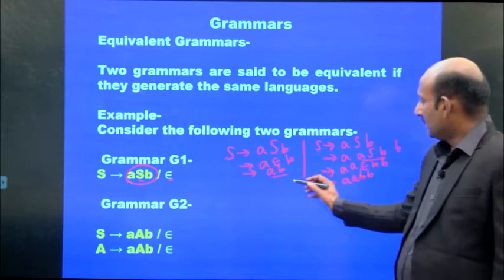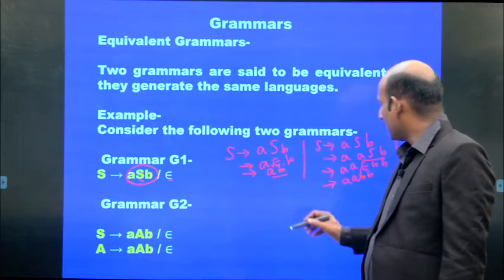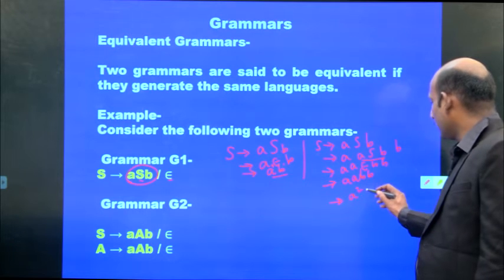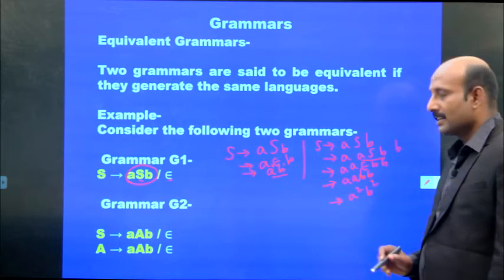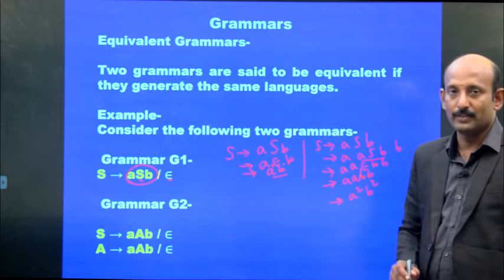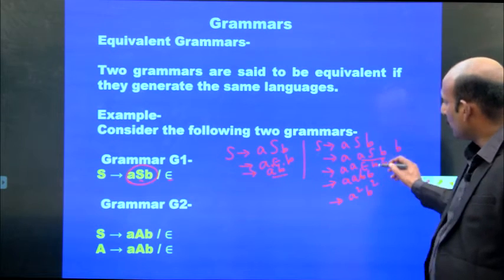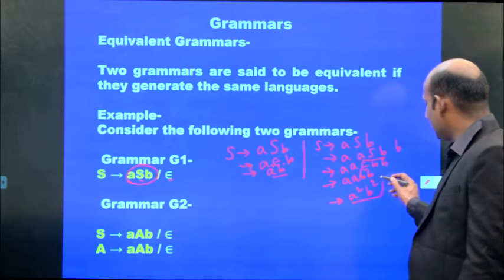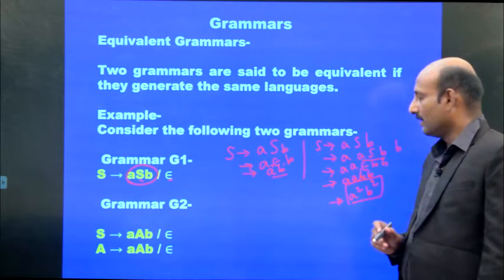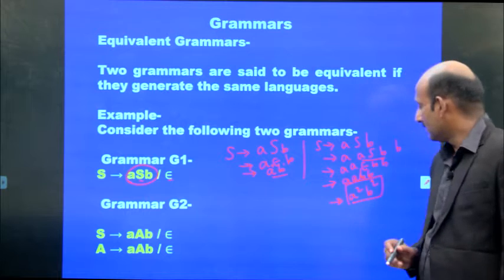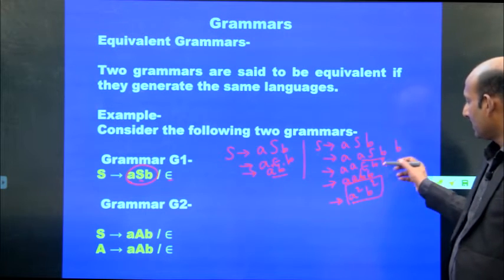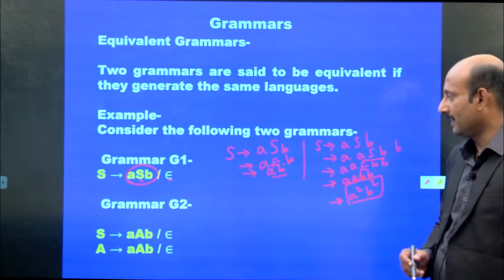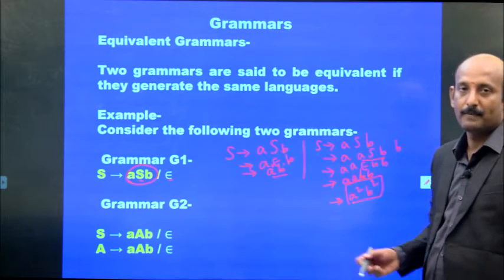Here A power 1 B power 1, and here A squared B squared, that is A power 2 B power 2. Likewise, if we apply it recursively, we may get the strings AB, AABB, and so on.